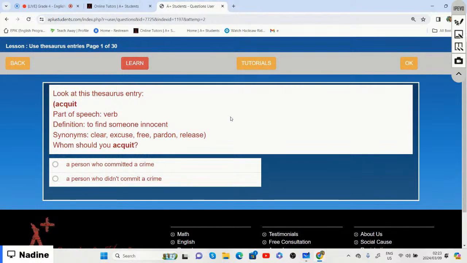So is acquit a person who committed a crime, or is it a person who did not commit a crime?